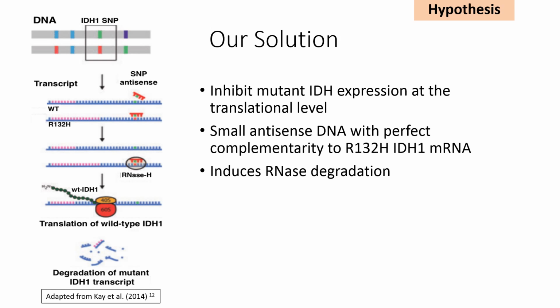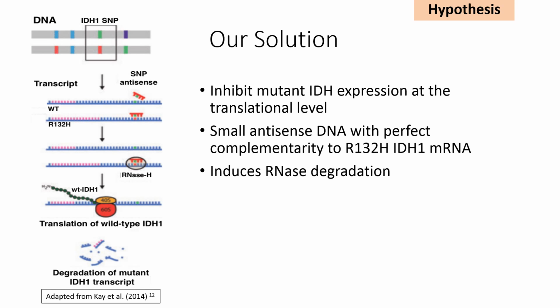We suggest inhibiting mutant IDH1 at the translational level. What that means is introducing small antisense oligonucleotides in a cell that have perfect complementarity only to the mRNA of the mutant IDH1, but are not sufficiently complementary to anneal to the wild type with the arginine.